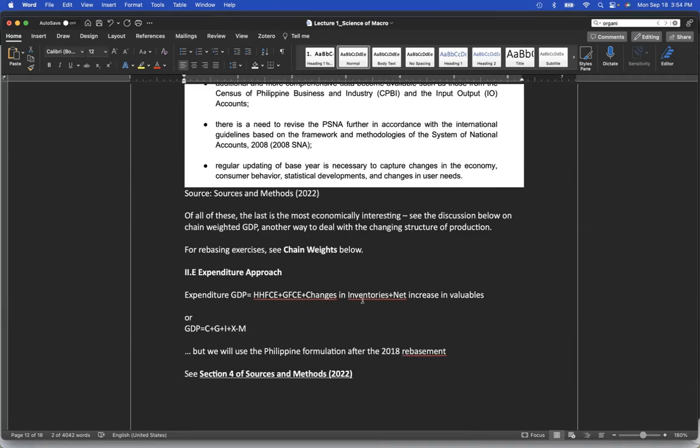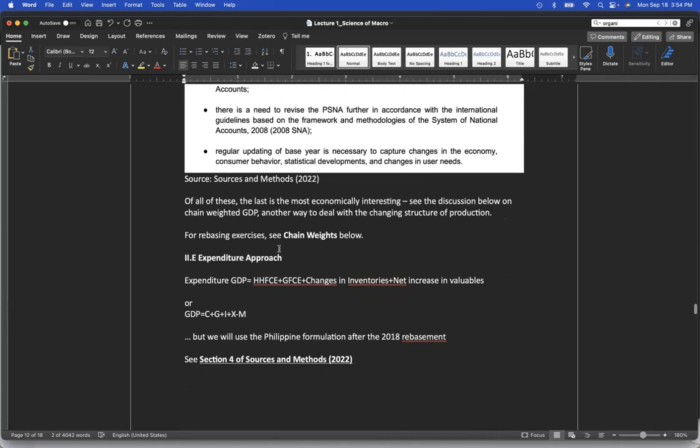May ideal po bang age, like 5 to 10 years, na mas maganda yung base year, or wala naman? Meron po. In the United States, every 5 years sila before chain weights, and we'll be talking about chain weights next week, and rebasement na rin, kasi there's no more time. Every 5 years, nagbabago yung base year.